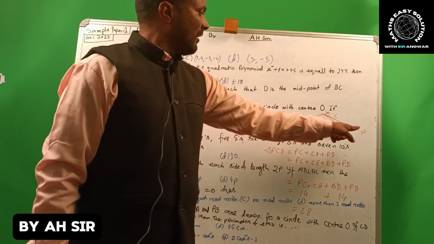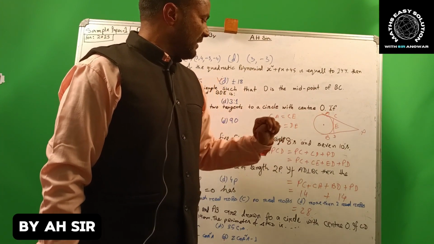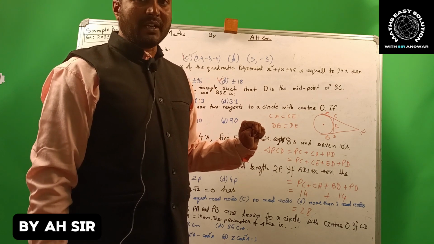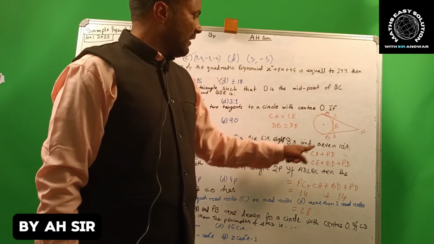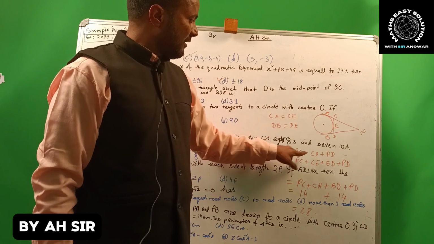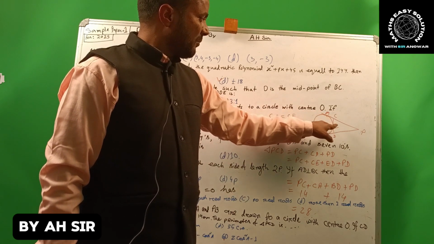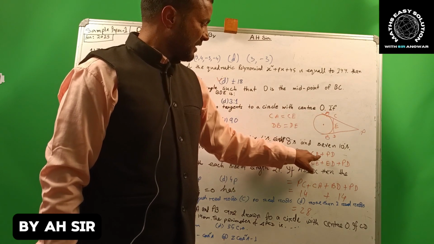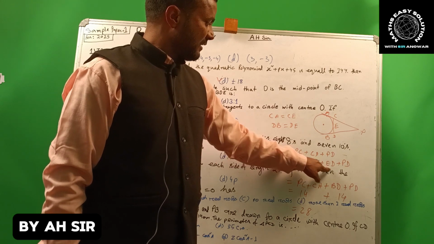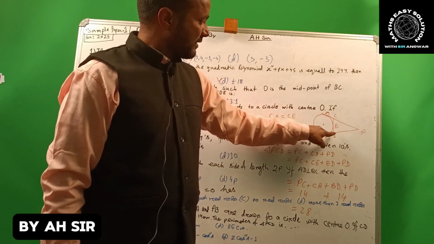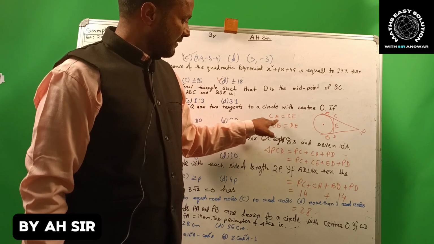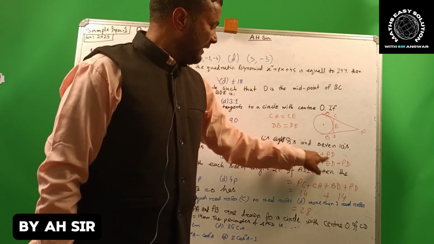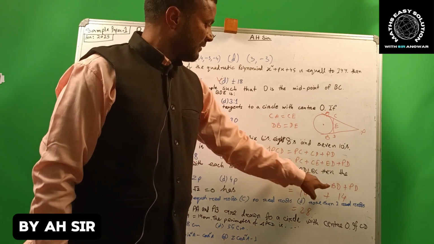In triangle PCD, perimeter means sum of all sides. PC plus CD plus DP. Now you see PC is here. CD equal to CE plus ED. This one CE plus ED. After that, CE is replaced by CA and ED is replaced by DB.